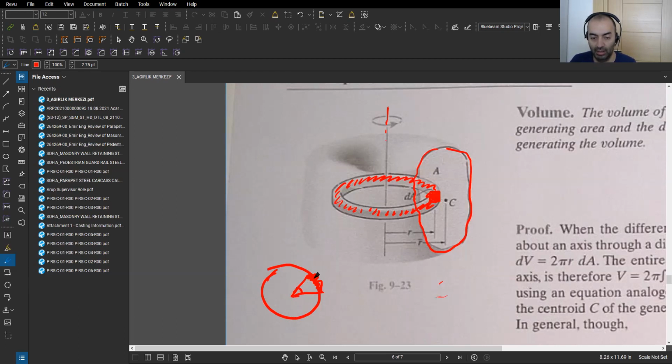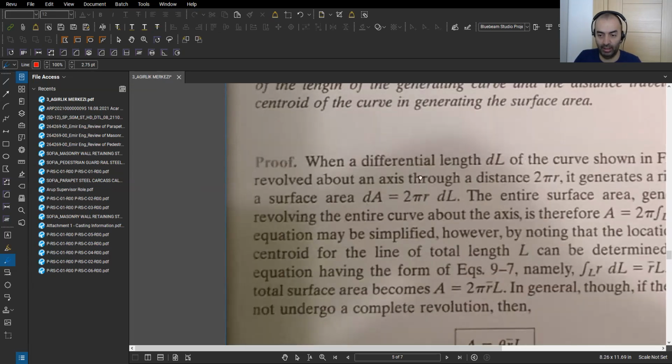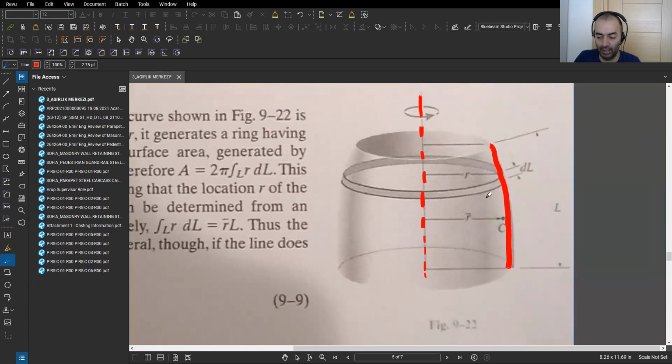You don't have to always rotate 360 degrees. It's a total circle, that's okay, but you can rotate it by any angle. So I will explain how to calculate it. Firstly, I will explain how to calculate the area, as I mentioned here. Then I will explain how to calculate volume.